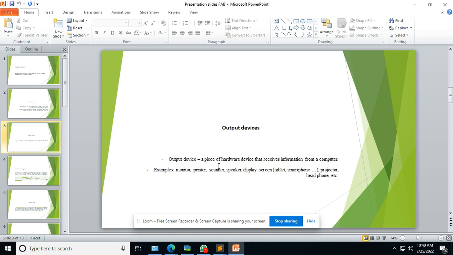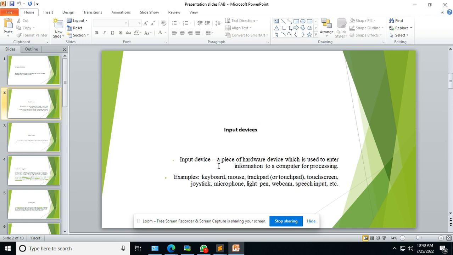I have a question, sir. The difference between a microphone and a speech input. A microphone is a device used to input what you are saying, a speech or something you are trying to convey to your audience or your students.